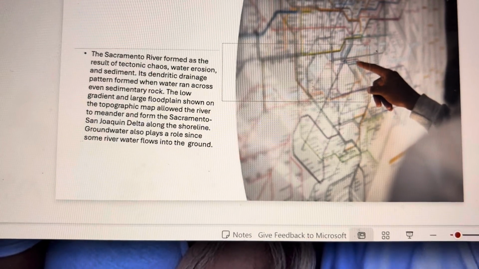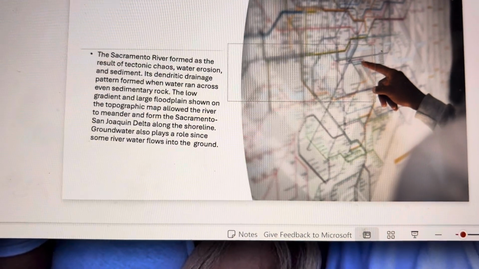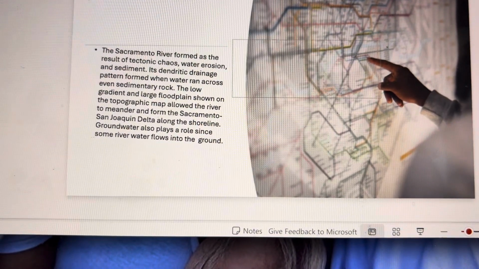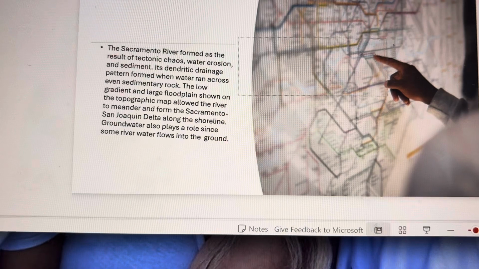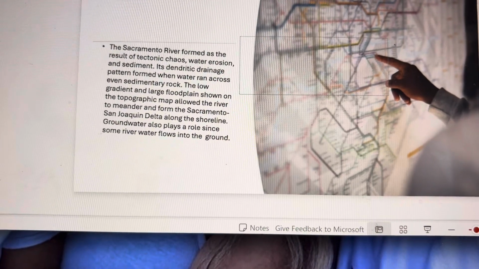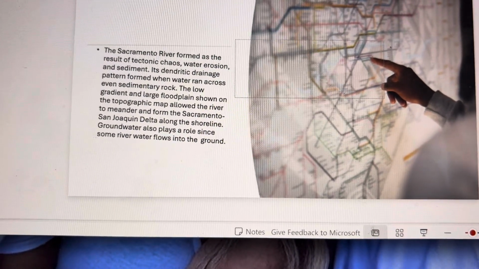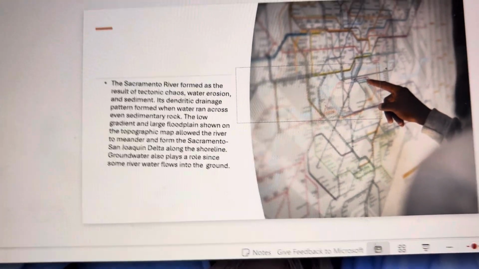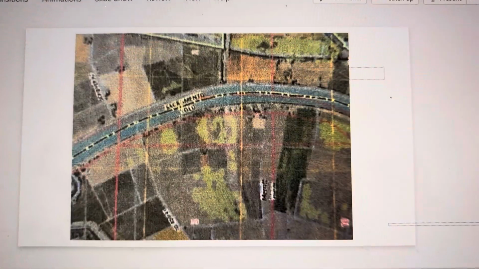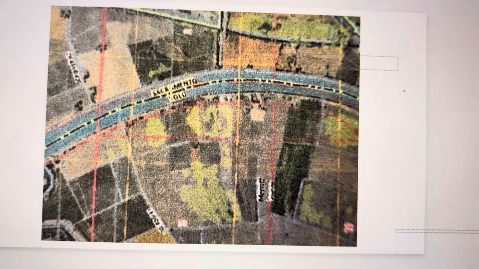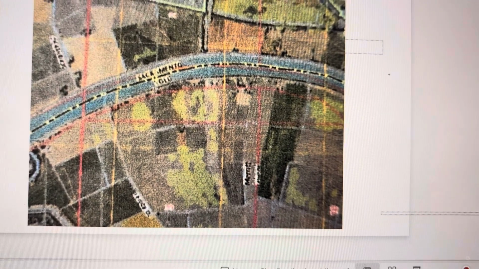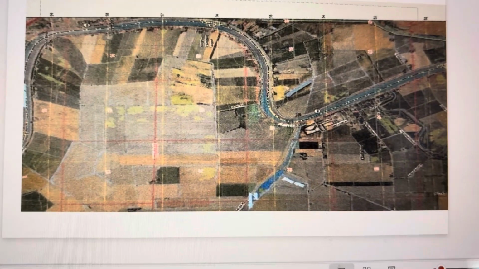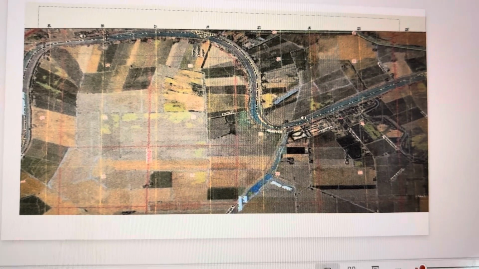The flow gradient in the large floodplain shown on the map allowed the river to meander and form the Sacramento-San Joaquin Delta along the shoreline. Groundwater also plays a role since some water flows in the ground. And here is a closer look at the Sacramento River, along with this one a little bit further so you can get an idea.